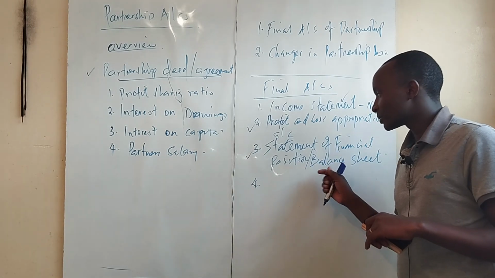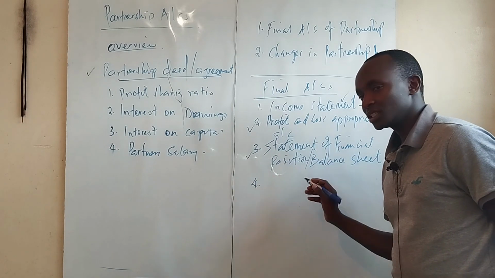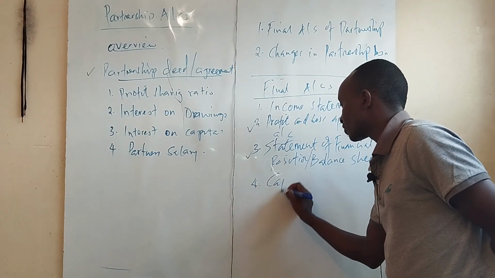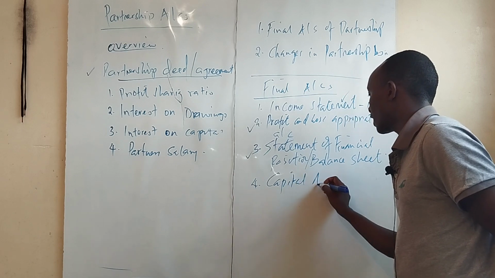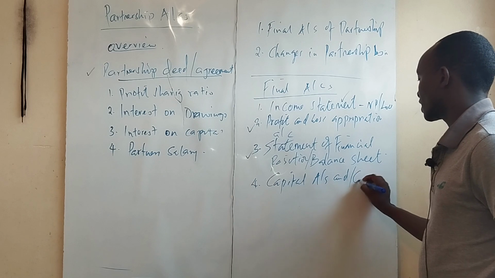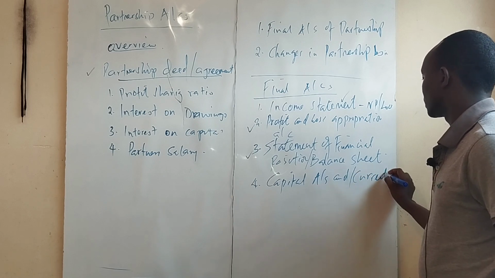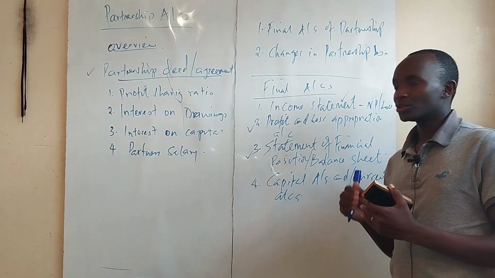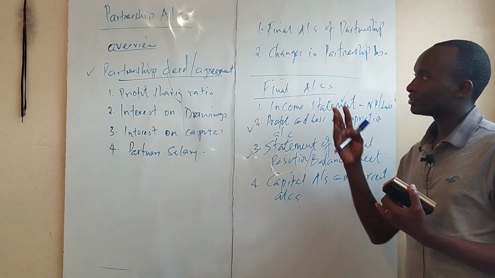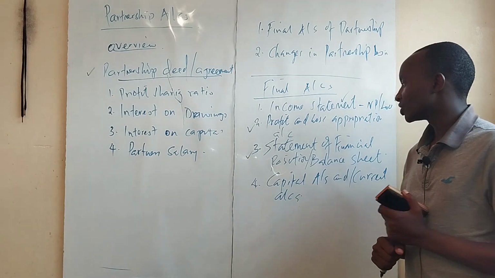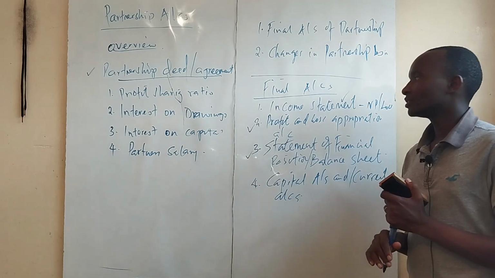We're going to change something, and some of the changes that we're going to affect are the capital accounts and or the current accounts. So I'm just giving an overview of what is expected of us as we move forward with the partnership accounts.